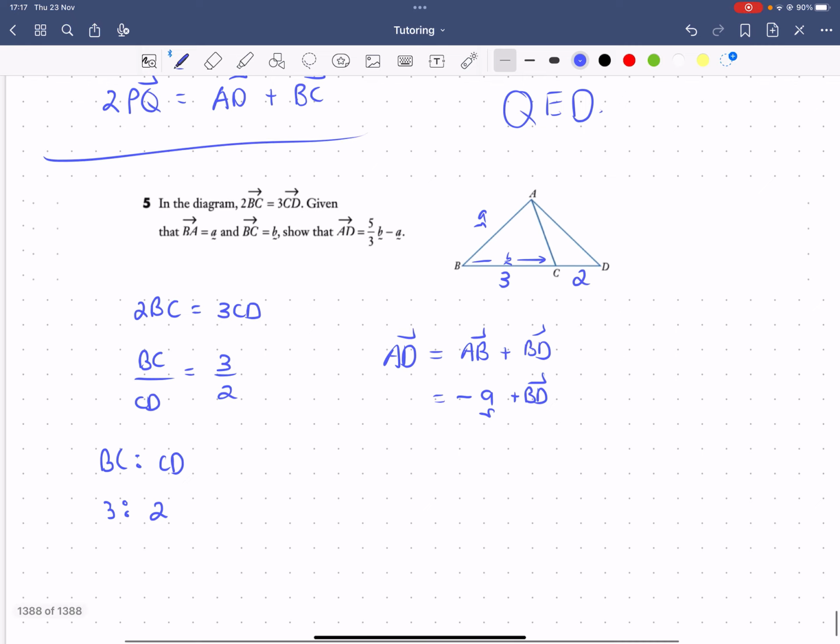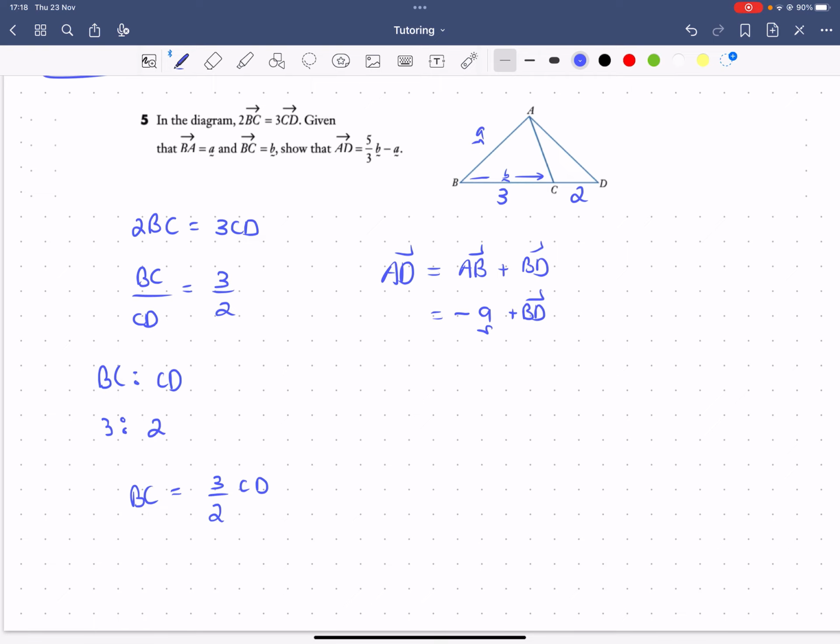We know that 2BC is equal to 3CD, so BC is equal to 3 on 2 CD.